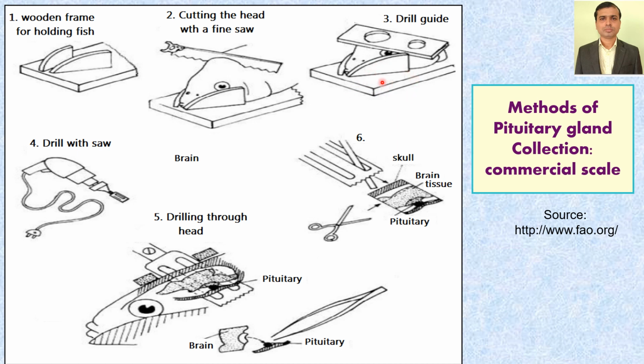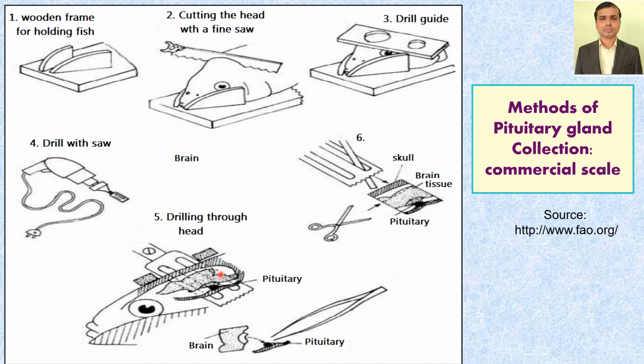A cylindrical core of the entire skull and brain is removed using a cylindrical hole cutter or hole saw attached to an electric drill. A plank with a hole drilled in it is kept pressed on the skull to guide the hole saw.